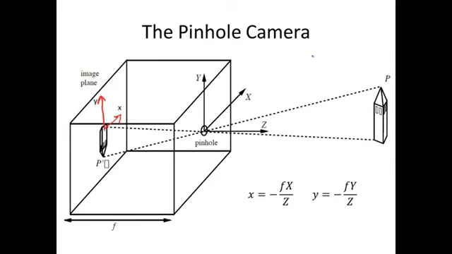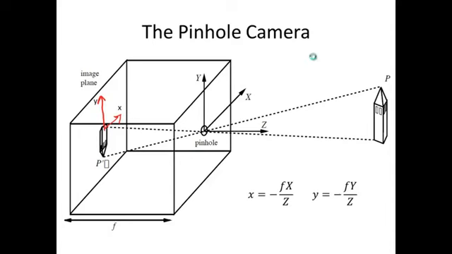If you look at these equations, there is one annoying property, which is that there are these minus signs. The little x is minus f X upon Z, little y is minus f Y upon Z. What these minus signs correspond to is that the image is inverted. The image is inverted both upside down as well as left to right.